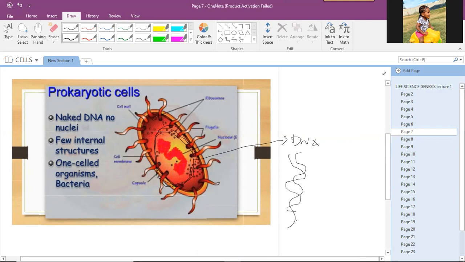This is where everything about yourself is stored, from your eye color to your skin color, hair color, your gender, your personality, everything about you can be found in this DNA.